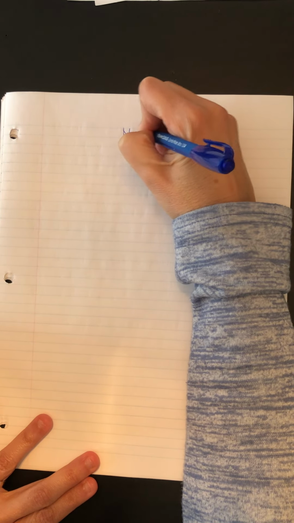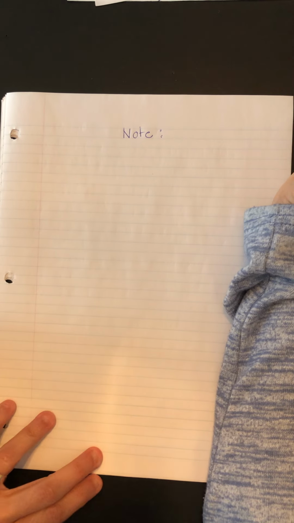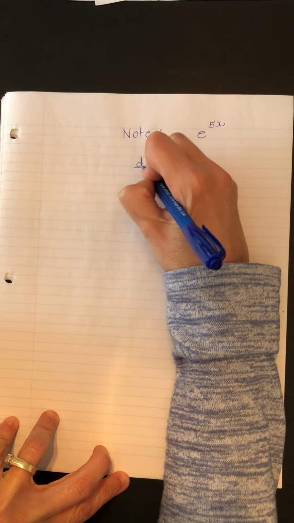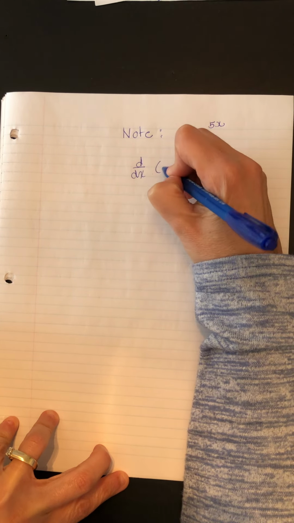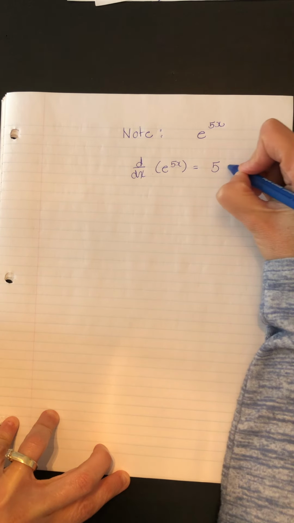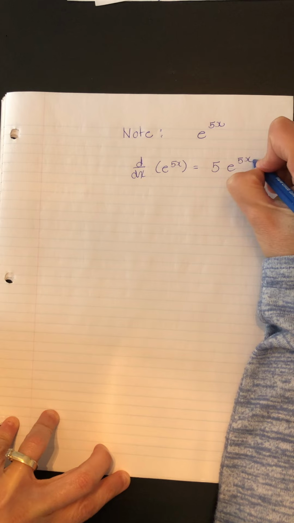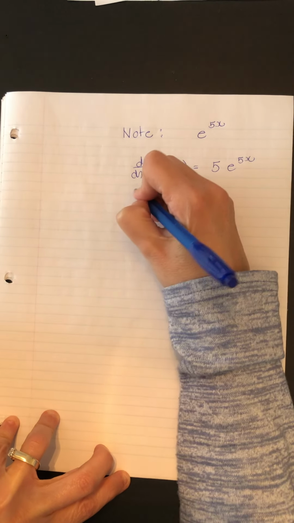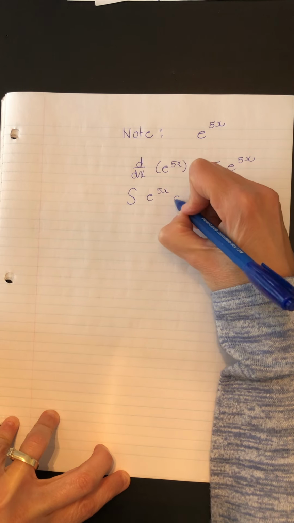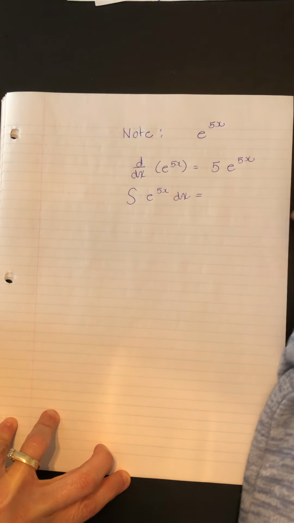Okay, if it comes to exponential functions like this, e to the 5x, if I said, what is the derivative of that? It's 5 times e to the 5x, right? If instead I said, what is the integral of e to the 5x with respect to x?